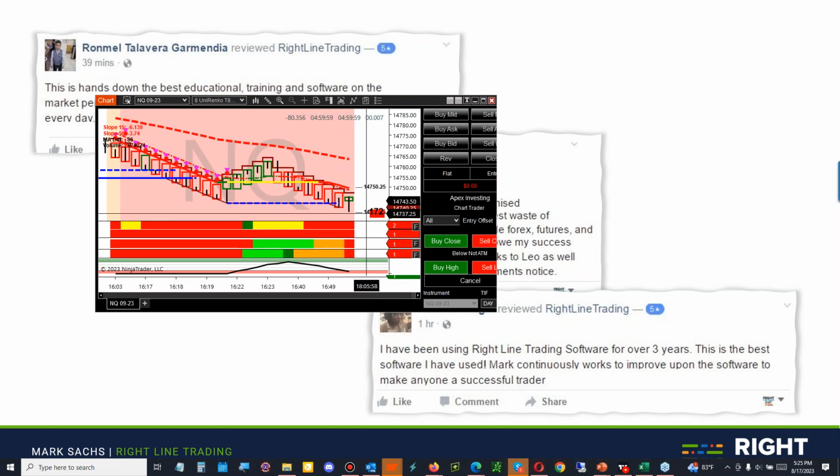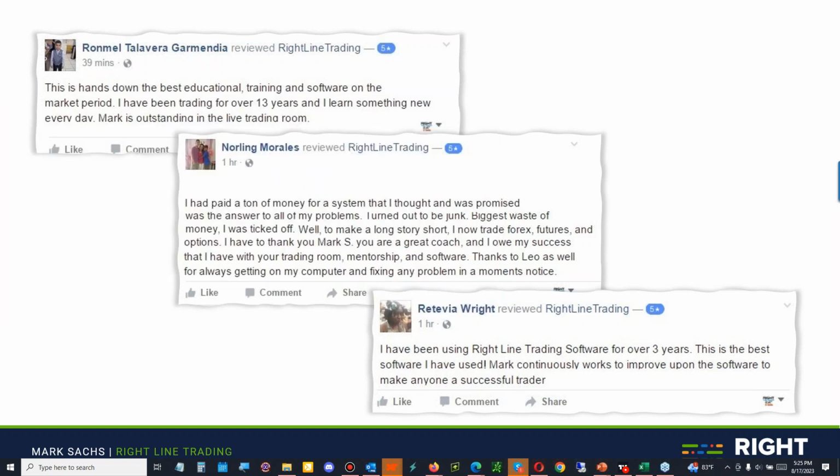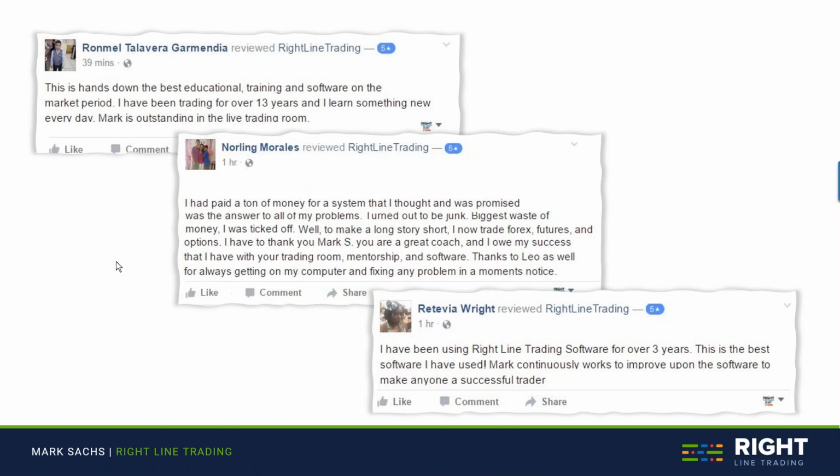On NQ, we know that the average volume per minute is about 1,500 or more. If it's 1,500 or more, we know institutions are trading. And if it's like 300 or 400, we know that retail traders are trading. That's how we tell when institutions are trading.